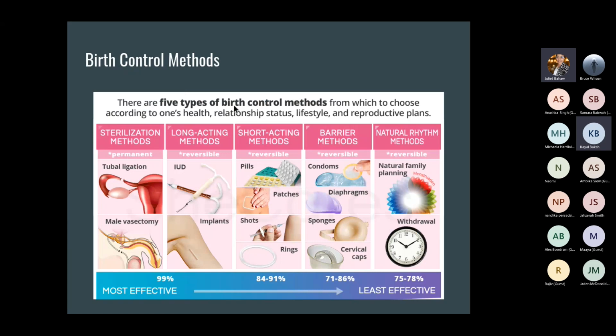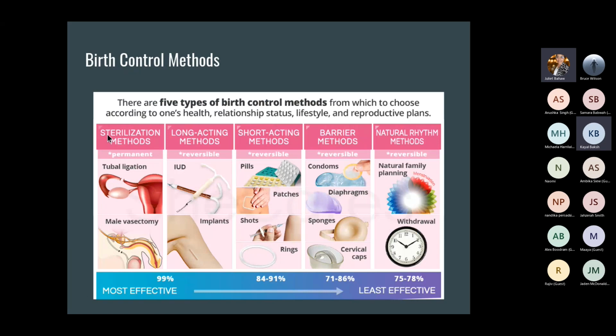There are different types of birth control methods, from which to choose according to one's health, relationship status, and lifestyle. Each method is designed for someone's particular lifestyle. The categories are the sterilization methods, which are permanent.